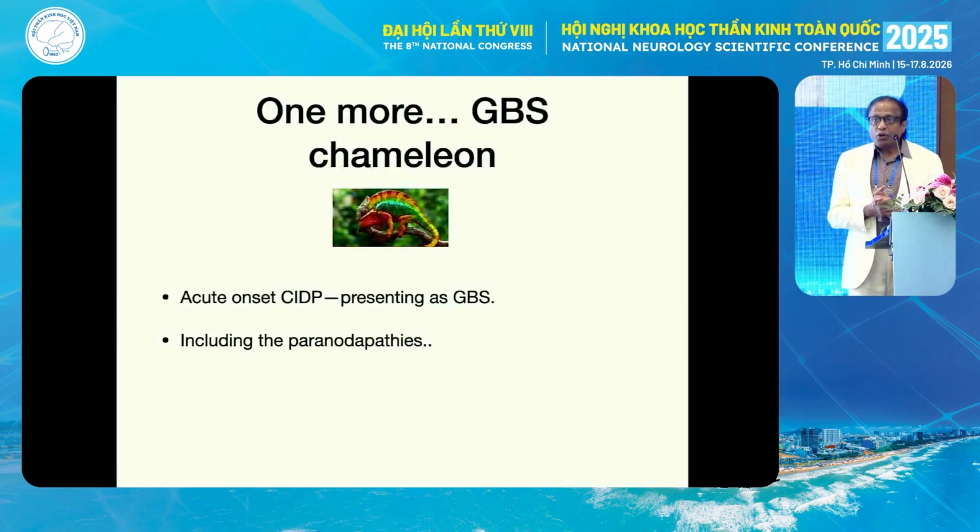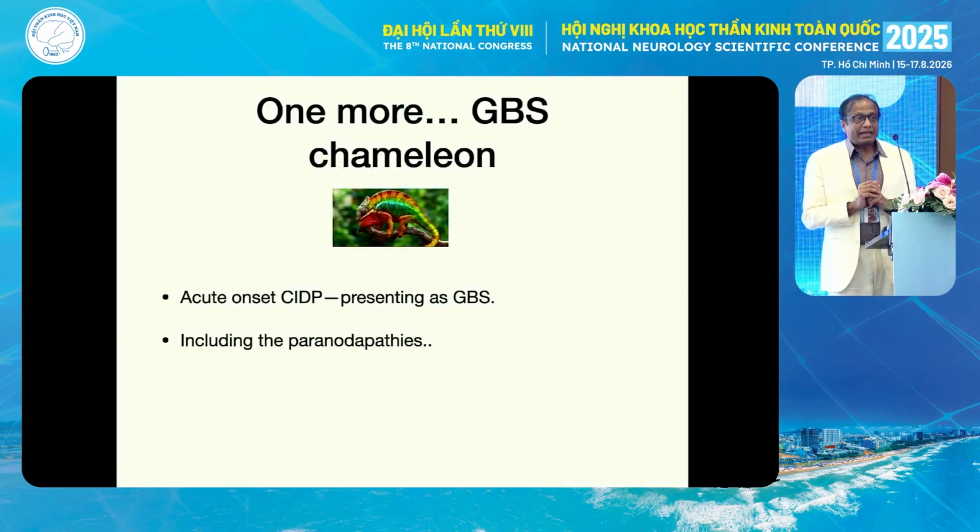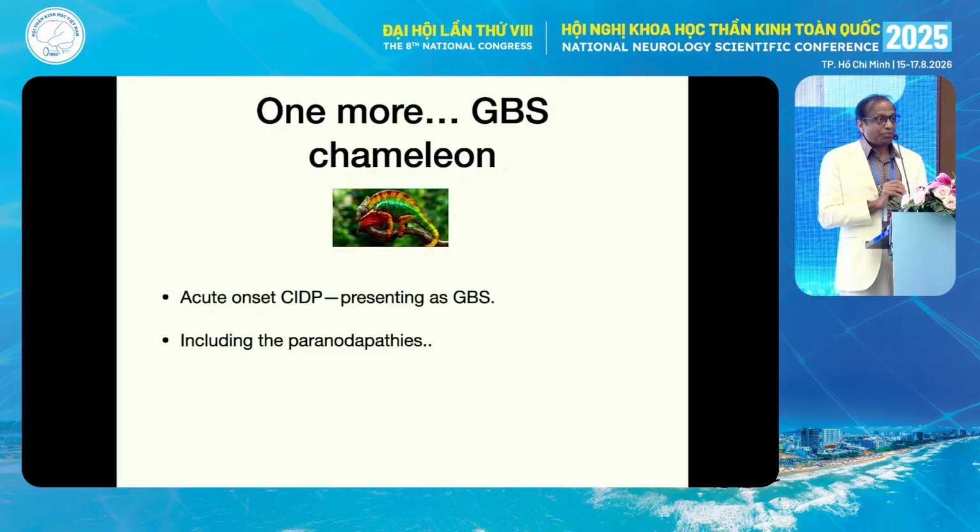And before we forget, we must remember that sometimes CIDP can present very acutely and trick us into thinking it's Guillain-Barré syndrome. The key feature is progression of symptoms beyond 4 weeks. If the patients develop more weakness, more sensory complaints after 4 weeks, then you have to start thinking about CIDP.